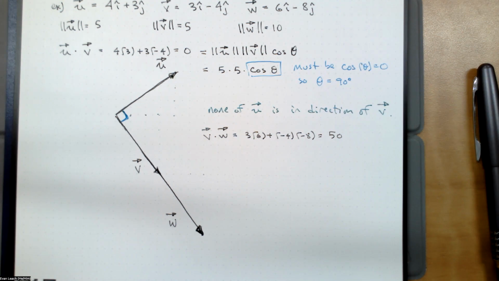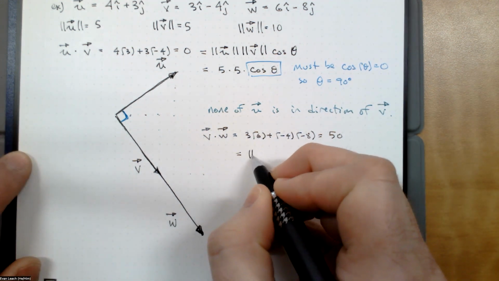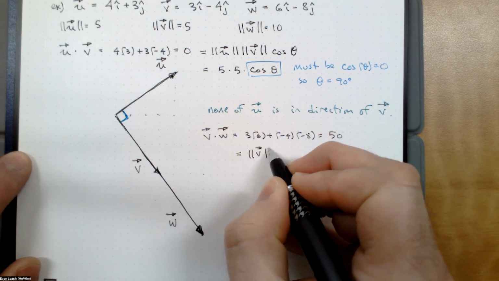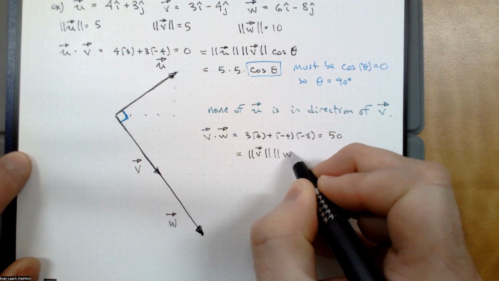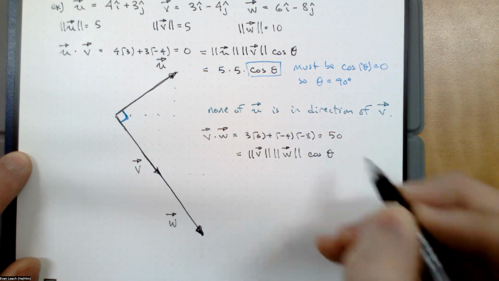In this case, we have the magnitude of v times the magnitude of w, and we got all of it. We just multiplied all of it because v and w are going in the same direction. This is the magnitude of v times the magnitude of w times the cosine of the angle between them.